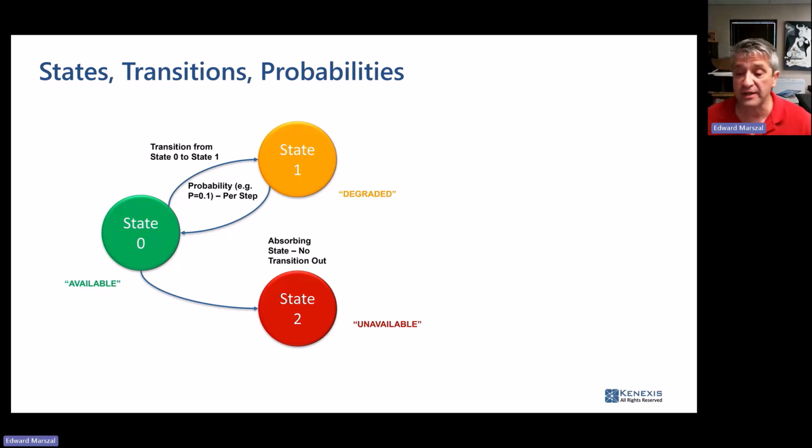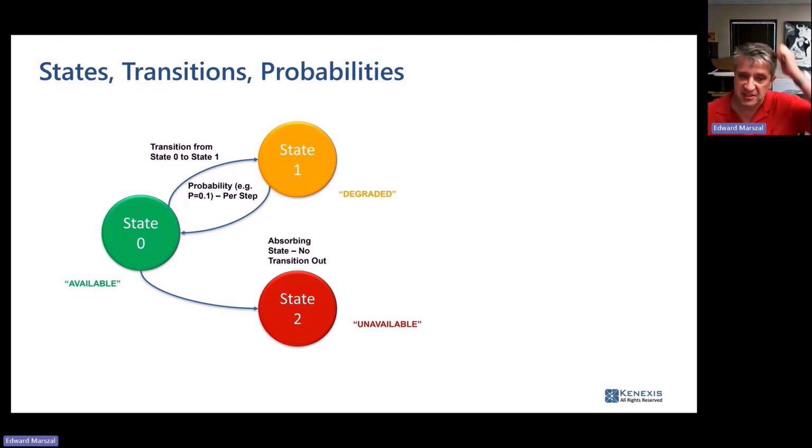So as you increase the number of components, the complexity of this model is going to expand exponentially, and the difficulty of solving the model also increases exponentially. So first thing you need to think about is, for the system you're trying to model, what are the states that are possible? And that's going to be a function of what failure modes are present.